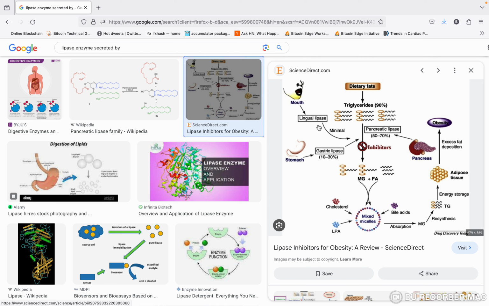From the mouth also lipase is secreted. Stomach also has gastric lipase, and pancreas has pancreatic lipase.